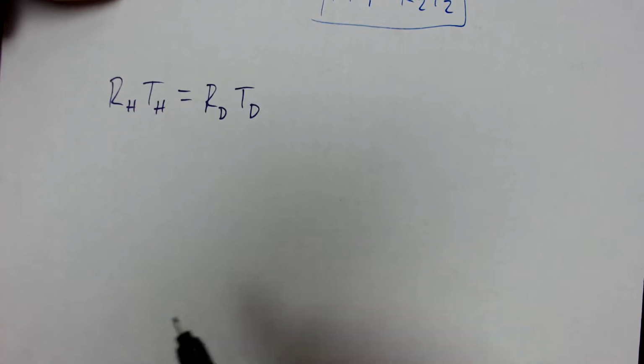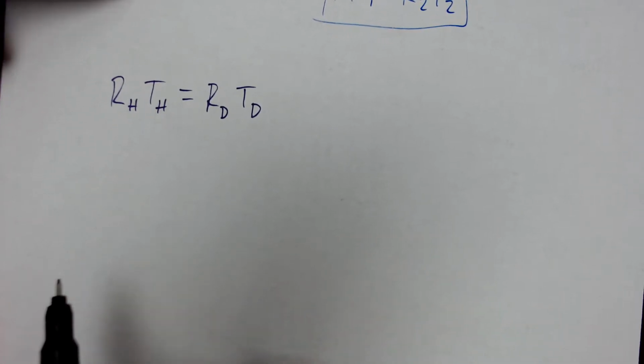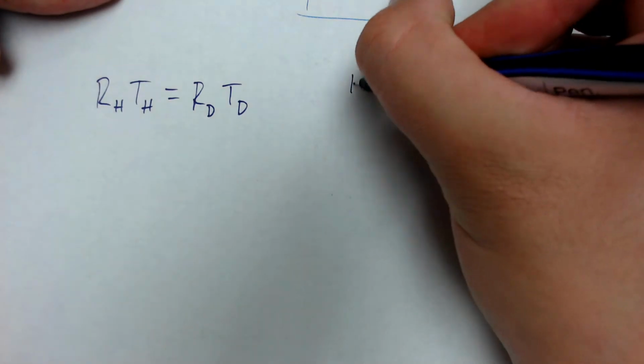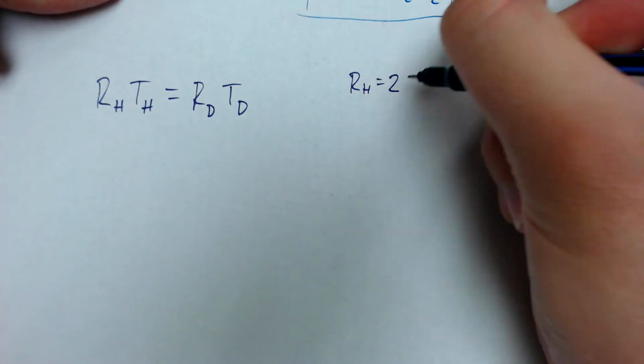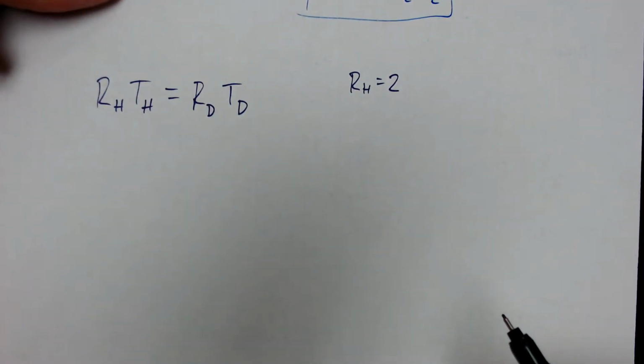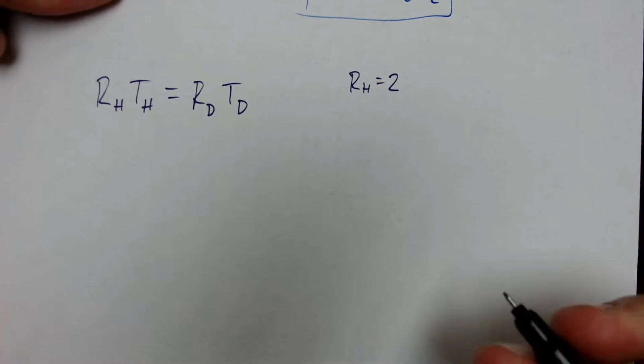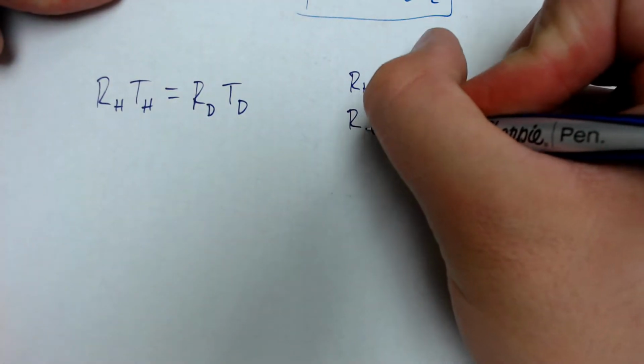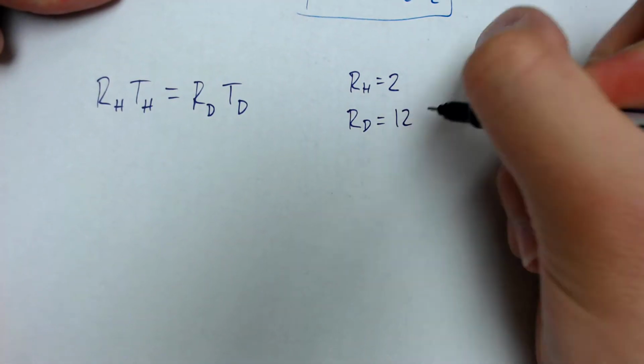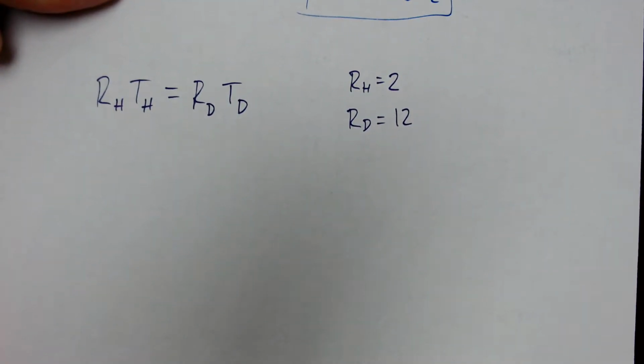They tell us that they hiked at a rate of 2 miles per hour, so rate of hike is equal to 2. The drive back was at 12 miles per hour, so rate of drive is equal to 12. And it says that their hiking time was 5 hours longer than their riding time.